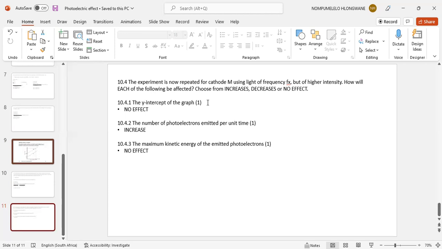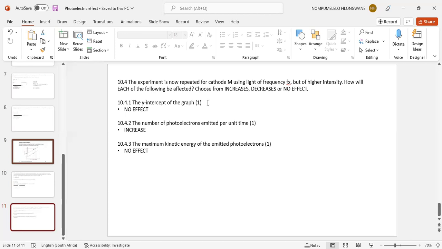So if there's high intensity, there is a larger number of photons shone onto the surface, and therefore more photoelectrons are going to be ejected. If there's higher intensity, there's an increase in the photoelectrons emitted from the metal surface.